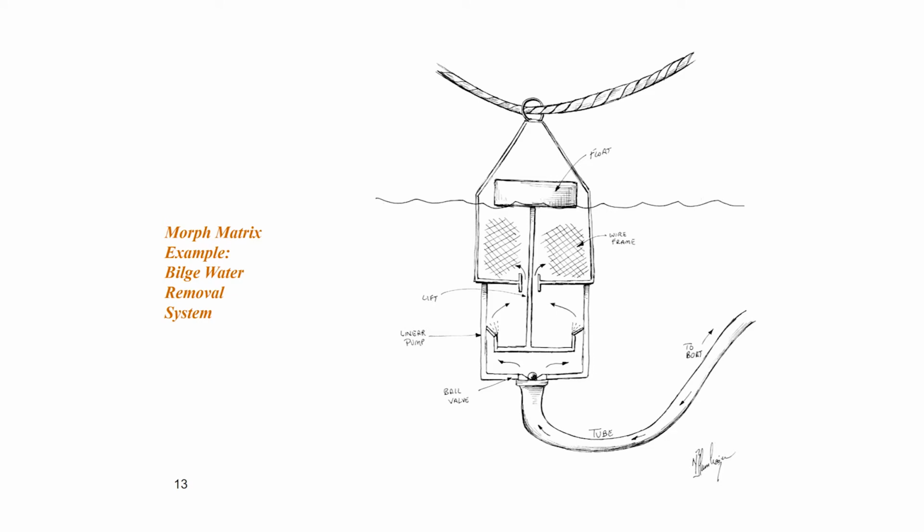Here's a third concept, and I've actually seen one of these. This one is based on having a float that rides on the surface of the water, so it rides up and down with the wave action. And the body of the pump here is relatively heavy, and so it doesn't move as much relative to the wave action.